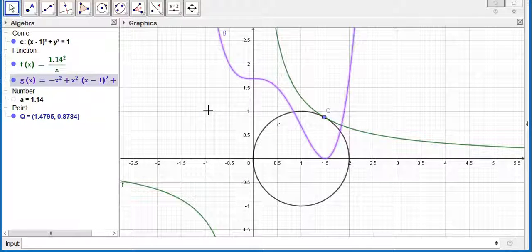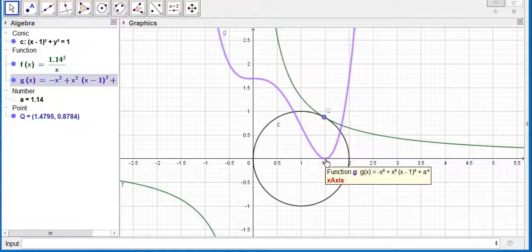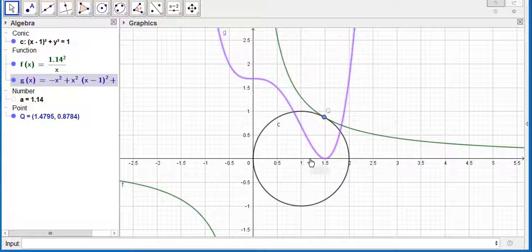If you equate two curves that just intersect, you just end up with the intersection with the x-axis. If you equate two curves that touch one another, so that means their tangents are common in that sense, then you end up with a multiple or double root, as shown here.